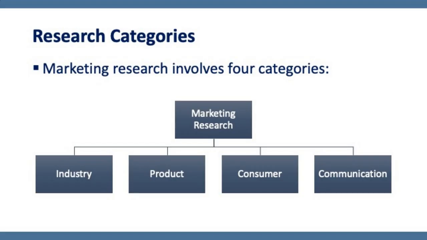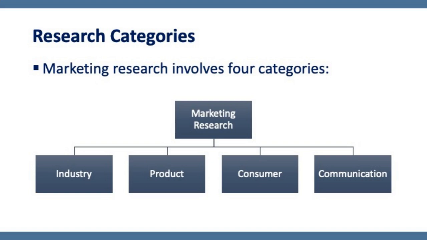Okay, 4 categories of marketing research. So we know that we generally begin with secondary research, but what should we actually research? Well, marketing research can be broadly organized into 4 categories. The industry research, which looks at the broader market, the industry, and the environment.